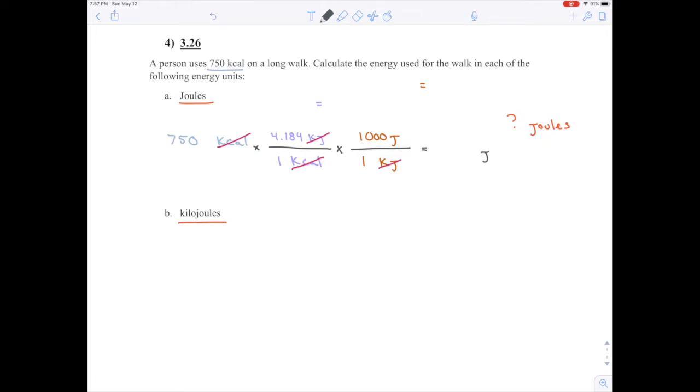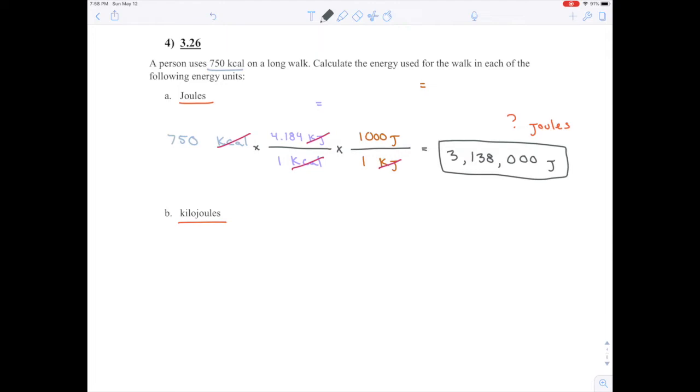Divided by 1, enter, times 1,000, enter, divided by 1, enter, and I am getting a pretty large number. It's 3,138,000 joules. So that would be the number of joules in 750 kilocalories.